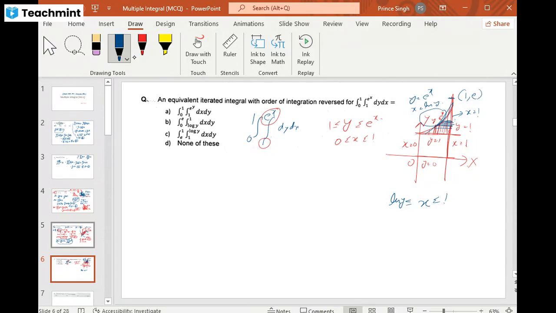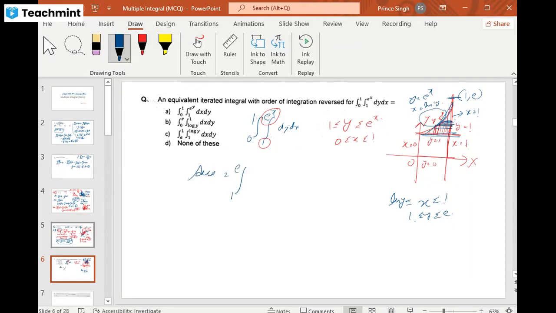So what is the limit of y? y varies from 1 to e, boundary to boundary. So the limit of x varies from log y to 1 and the limit of y varies from 1 to e. So what is the representation of area?